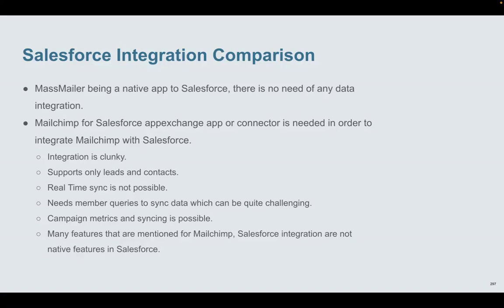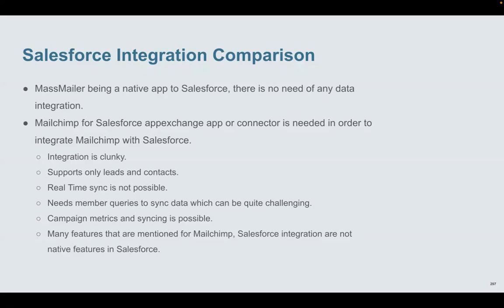And again, what I hear from some of our customers who used to have MailChimp before is that they always complain about the integration, that it's a bit clunky. And there are certain limitations, obviously, because MailChimp is just an email marketing solution. When you're syncing the data, you're only syncing leads and contacts and nothing else, right?